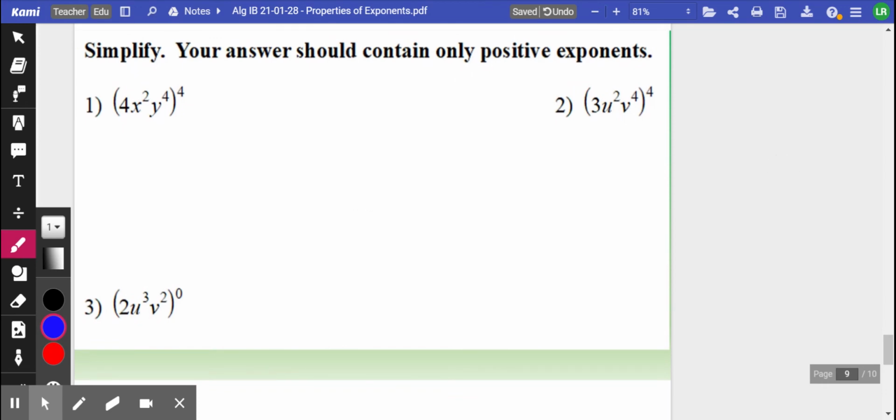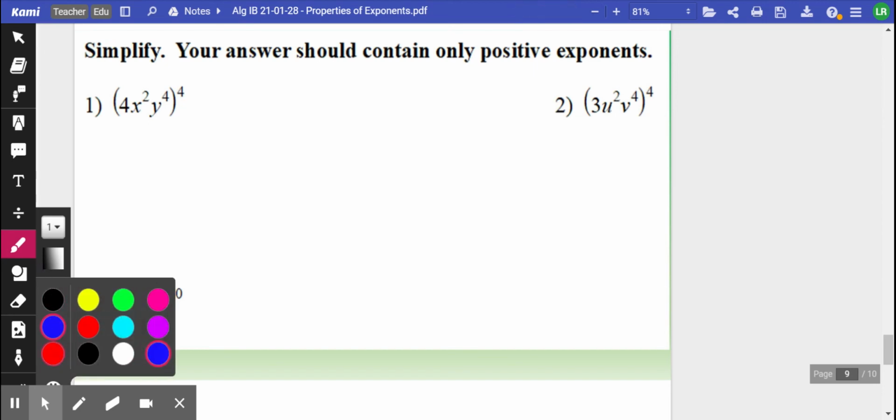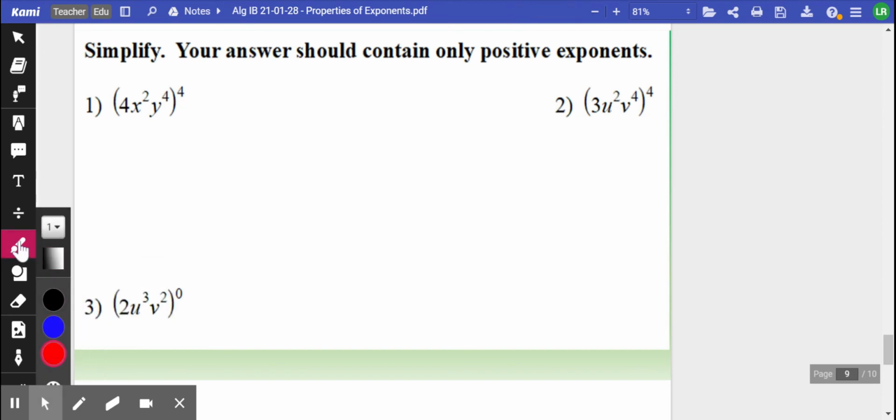Okay, so number 1, we have 4 x squared y to the 4th in parentheses raised to the 4th power. Now, here's the thing. This 4 does have an exponent on it. We never write it, but it does have an exponent. It's an exponent of 1. And I have the power property here.